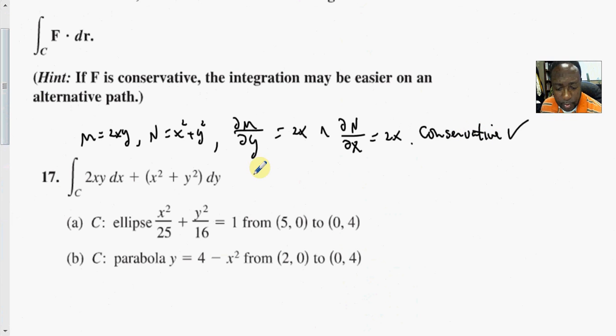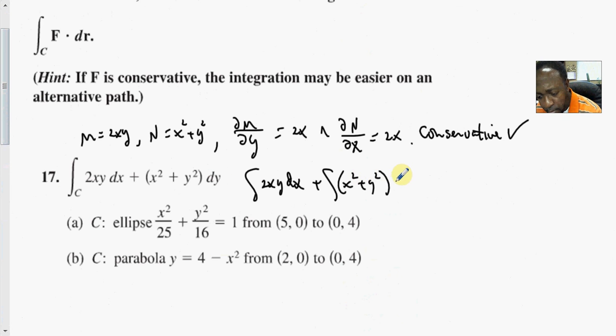So we find the potential function, so we integrate 2xy with respect to dx plus the other one here with respect to dy. So this gives us x squared y plus 1/3 y cubed plus c.